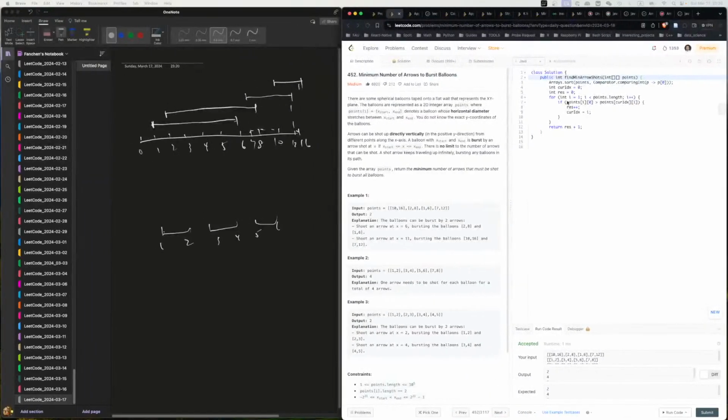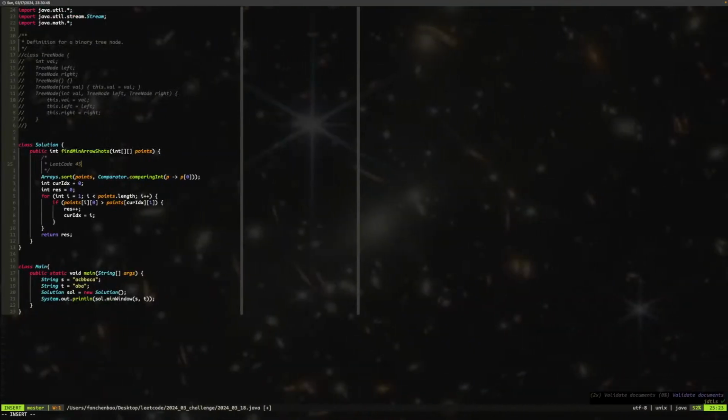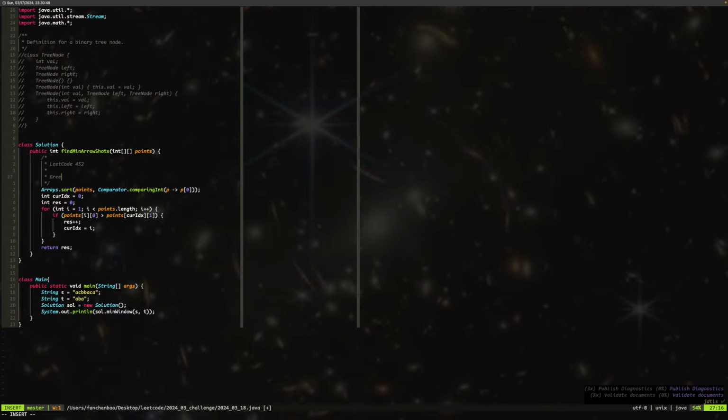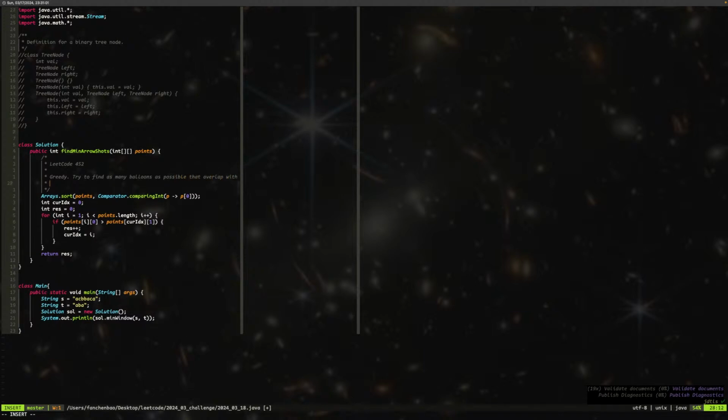Every time you do greedy, it always feels like, is this really correct? Greedy: try to find as many balloons as possible that overlap with the current one under consideration, not the first one.